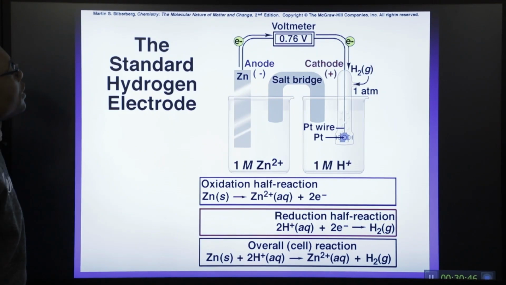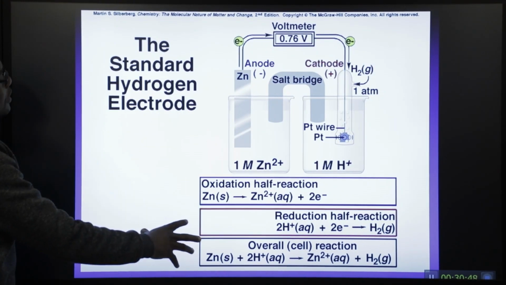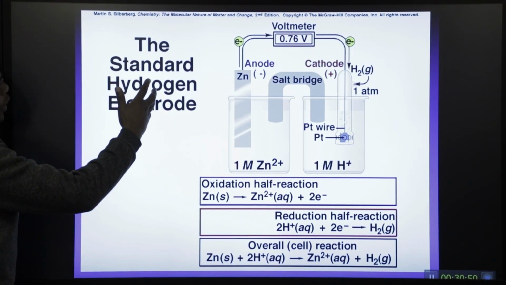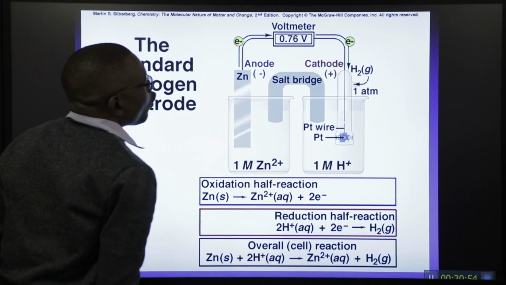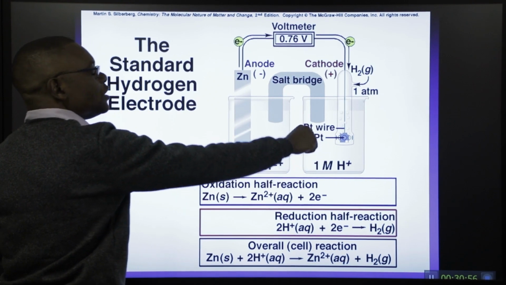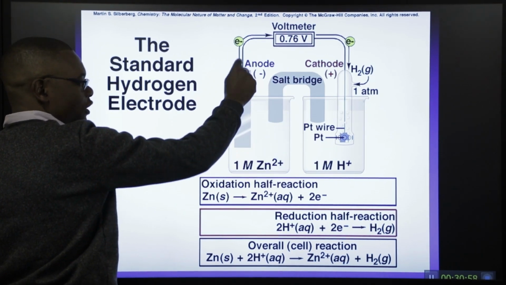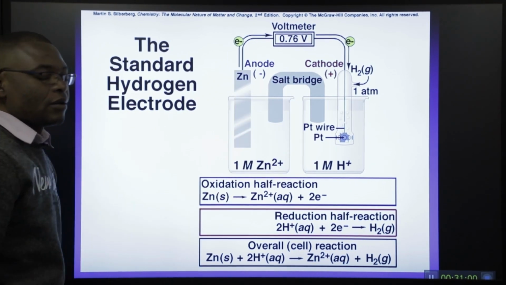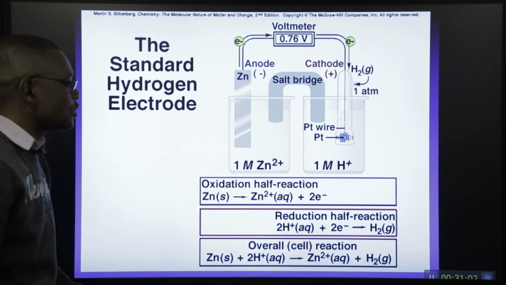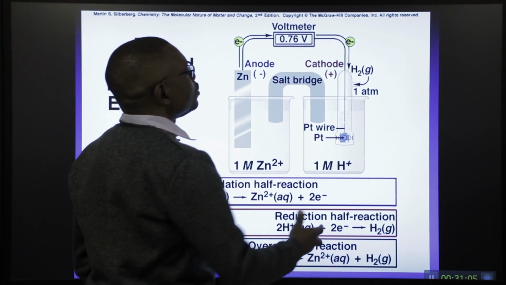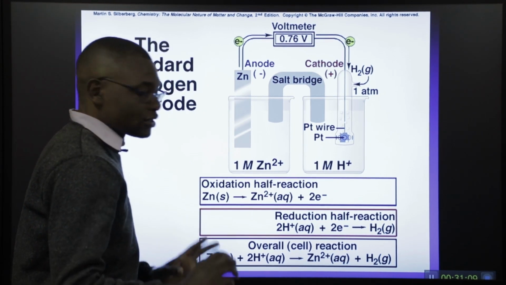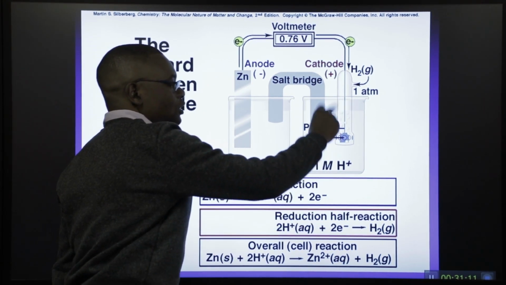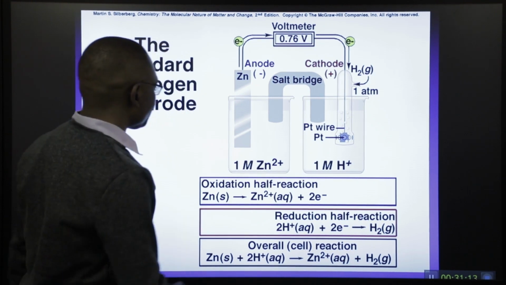Given this standard voltaic cell, where we are using a hydrogen electrode here, we can measure the cell potential of the zinc, which we don't know what it is, and we can compare it to the standard hydrogen cell, which under standard conditions is measured to be 0.